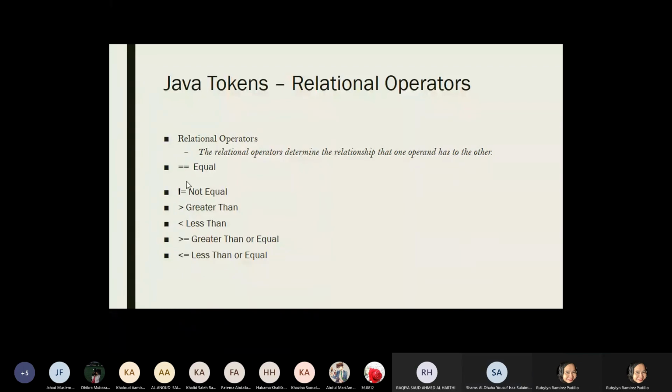Okay, who would like to help Miss Shams? Did you use these operators already before? Yes, teacher. Yes, Khadija. Khadija, where are we applying or using these operators? These relational operators are used for which statement? It starts with letter I. If-else statement, very good.